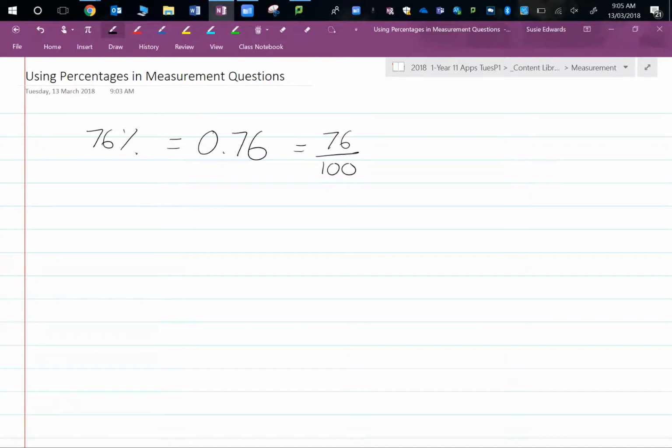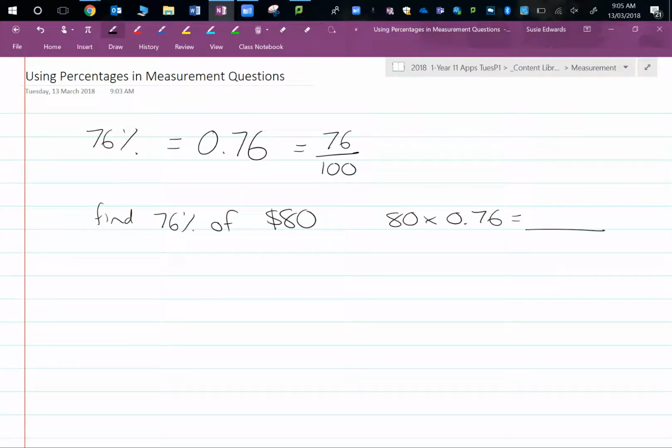So if you need to find 76% of something, so if I said find 76% of $80, how would you work that out? You'd say 80 times by 0.76 and you'd get your answer.